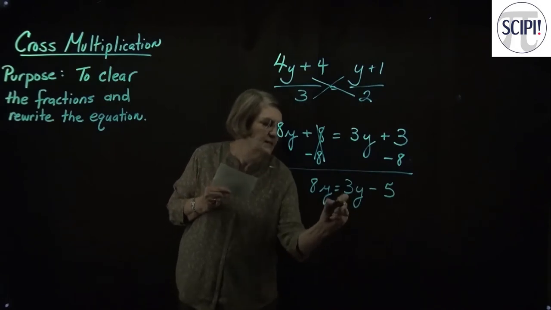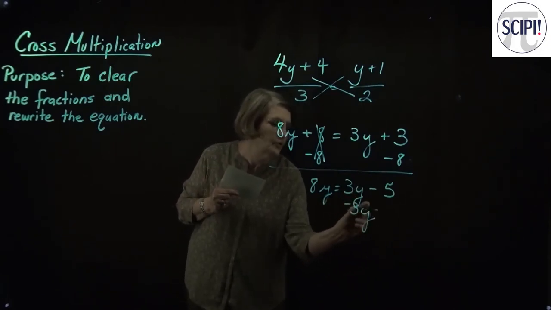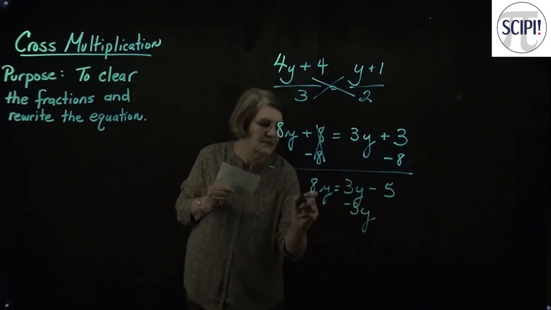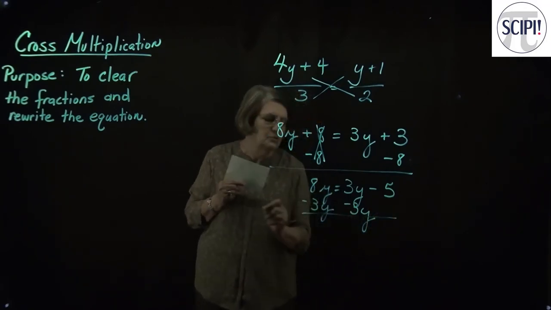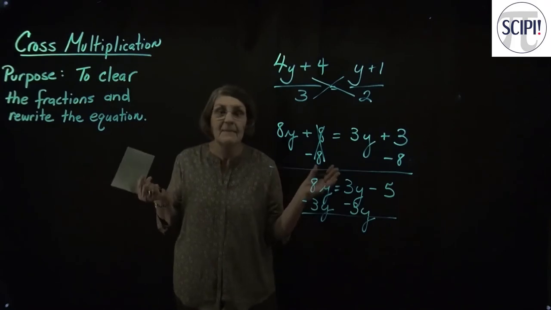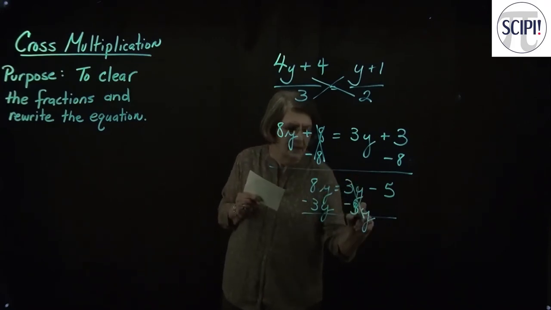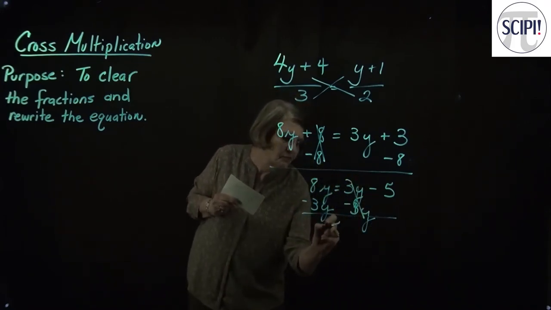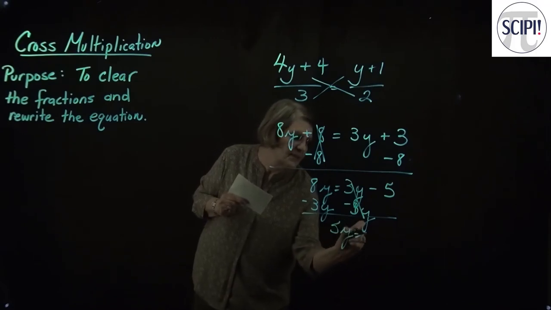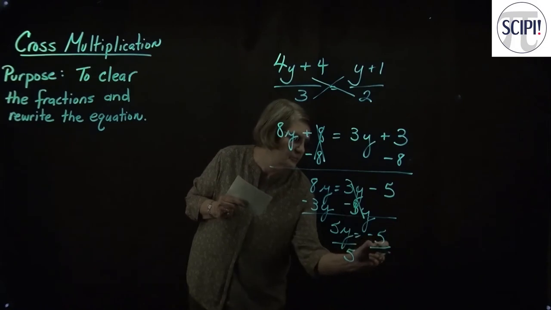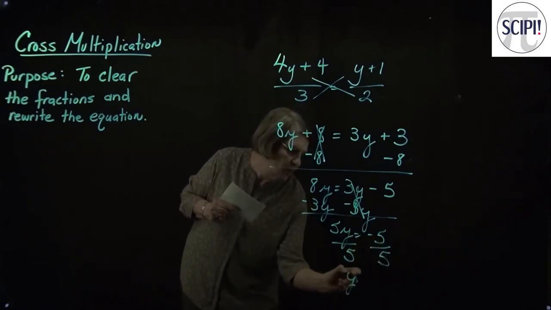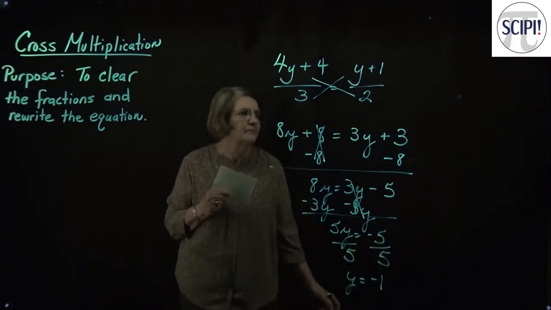Now, I need to clear my 3y, so I'm going to subtract. I'm going to do the opposite of addition. And whatever I do to one side, I have to do to the other. That's kind of a commandment of math. And that makes 0. So 5y equals minus 5. Divide by 5, which is the inverse of multiplication. And we get y is minus 1.